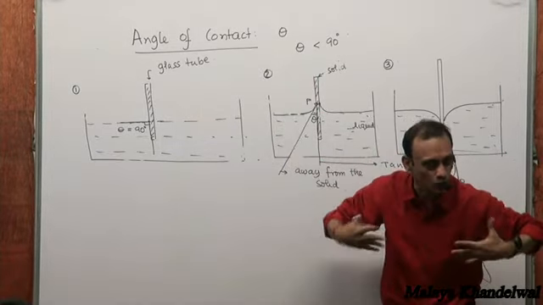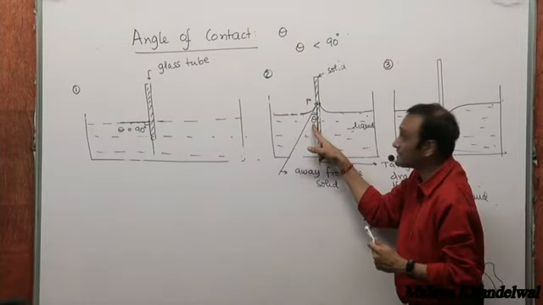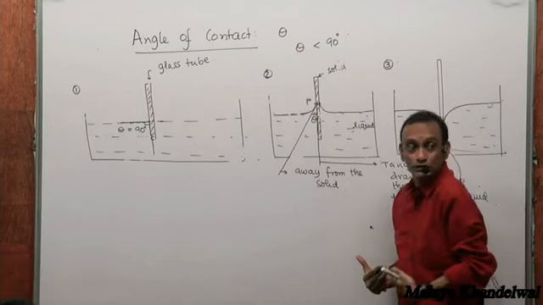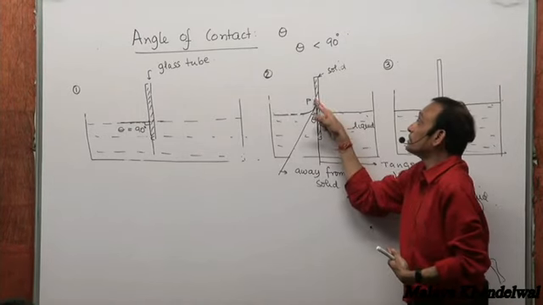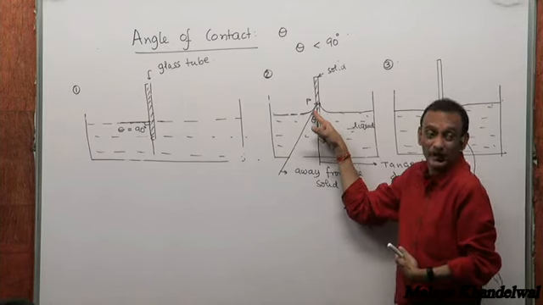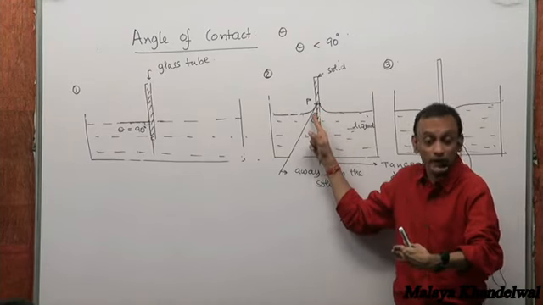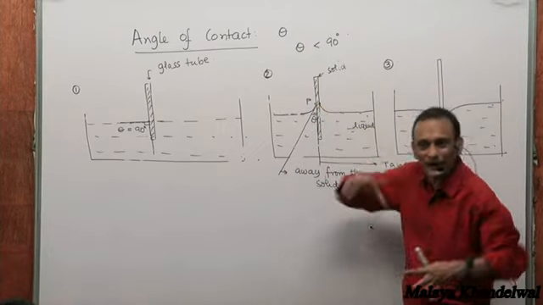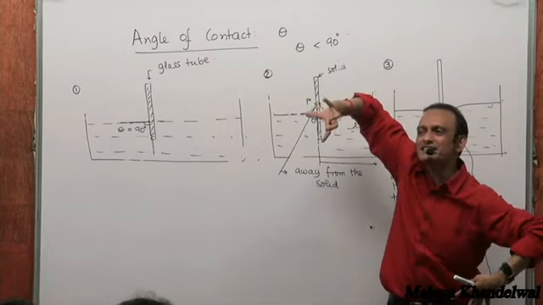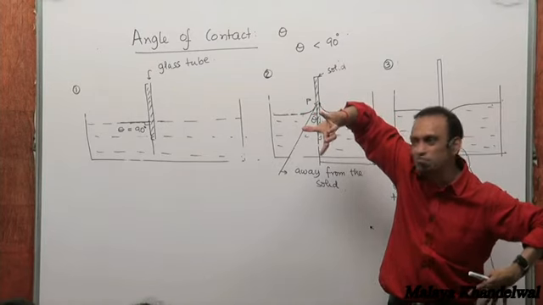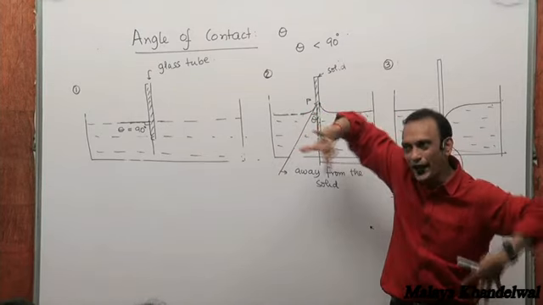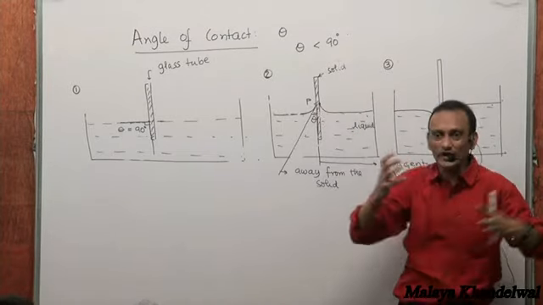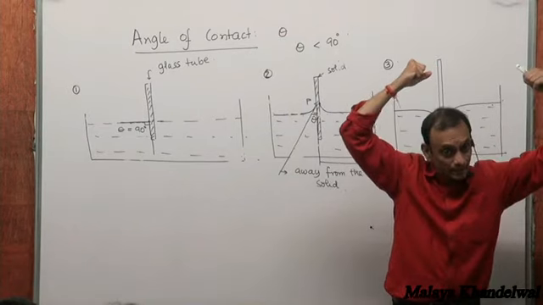Qualitatively, it appears that when theta is less than 90 degrees, there was greater affinity between the molecules of the solid and the liquid compared to the affinity between two molecules of the liquid. This molecule P, in a certain sense, detached itself a little away from its brothers on the liquid surface and was more strongly attracted towards the solid. That's why it was as if pulled up, right?